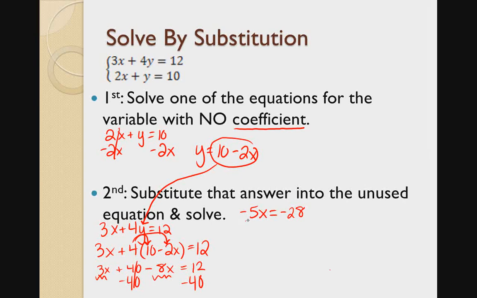Then we would divide both sides by negative 5, and x would equal 28 over 5.